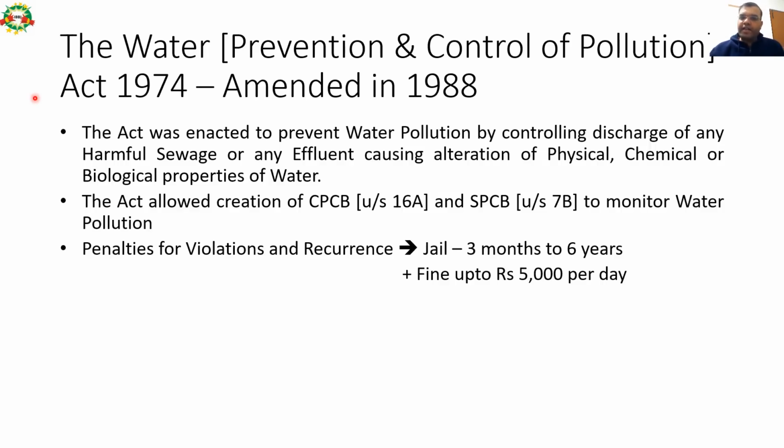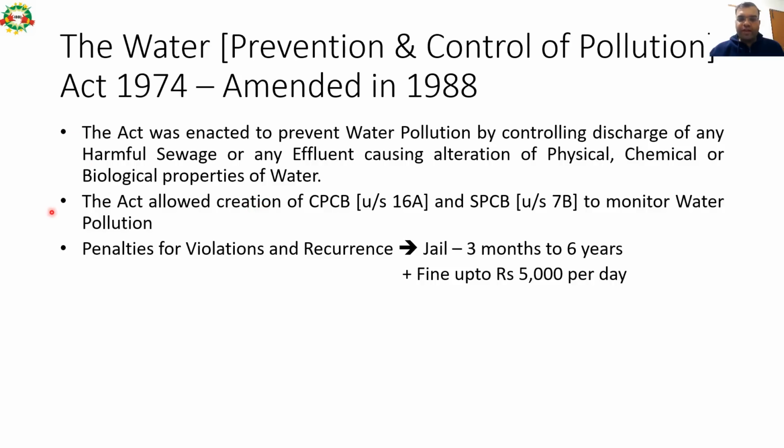The next important act as per the IBBI syllabus is the Water Prevention and Control of Pollution Act 1974, and the act was amended in 1988. The salient features from an examination perspective: the act was enacted to prevent water pollution by controlling discharge of any harmful sewage or effluent causing alteration of the physical, chemical or biological properties of water.